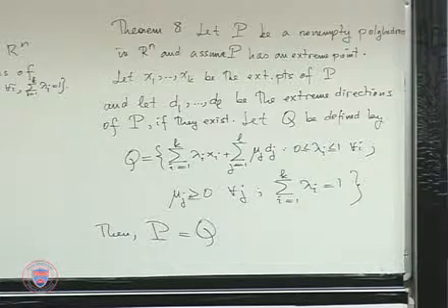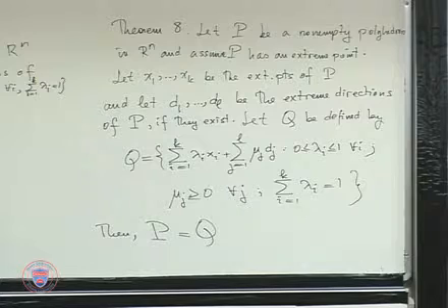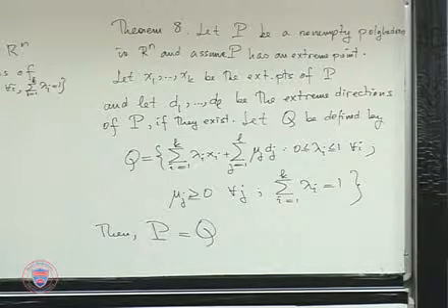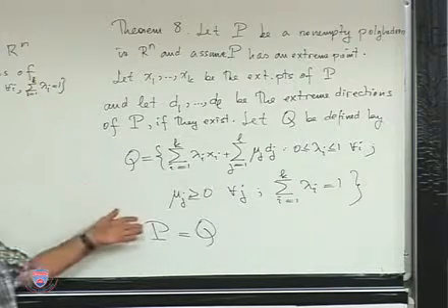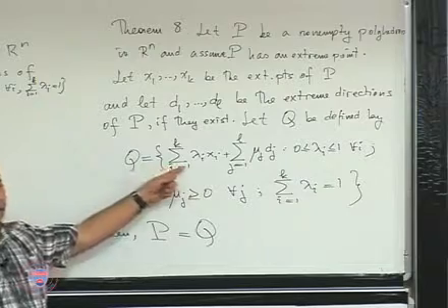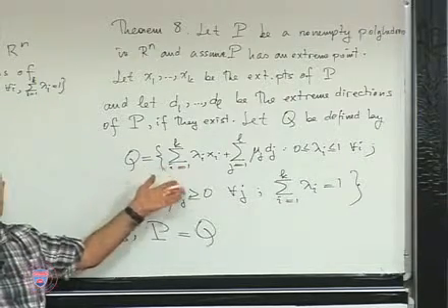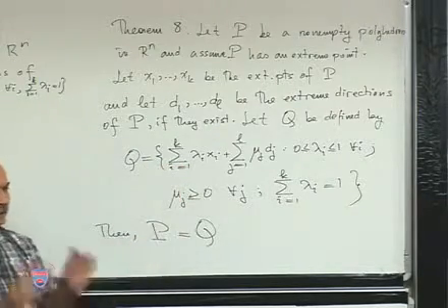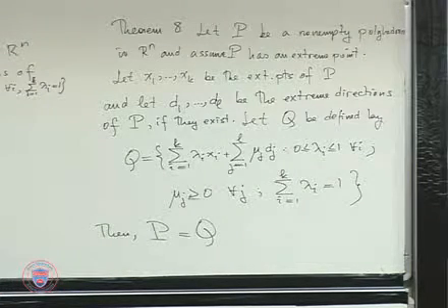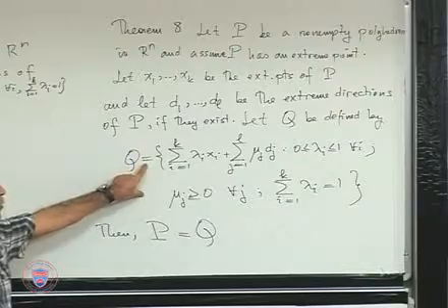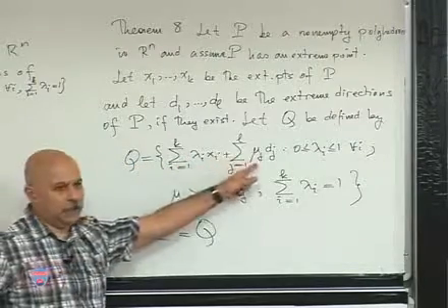Whatever the polyhedral set. The polyhedral set is initially defined by a bunch of linear inequalities and possibly equalities. It has nothing to do with these extreme directions, well, it has something to do, but the definition of P is in terms of half spaces and hyperplanes. But then this definition Q is in terms of extreme points and extreme directions.